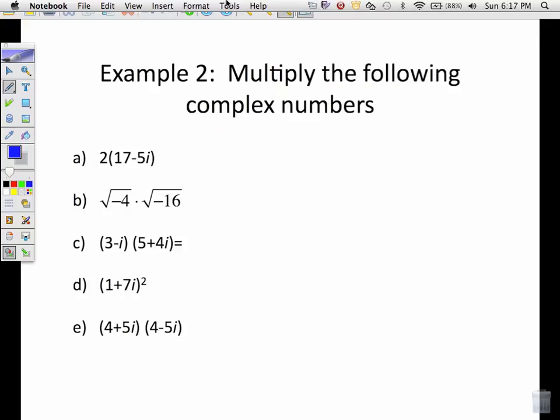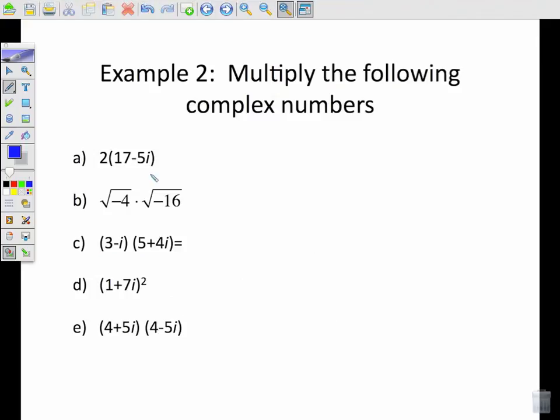So these operations are just adding like terms, and we're also going to be looking at other operations like multiplication in example 2 here. So we're just going to distribute. That's 34 minus 10i. On letter B here, when you've got the square root of negatives, you're actually going to want to replace each one individually. The square root of -4 would be 2i.